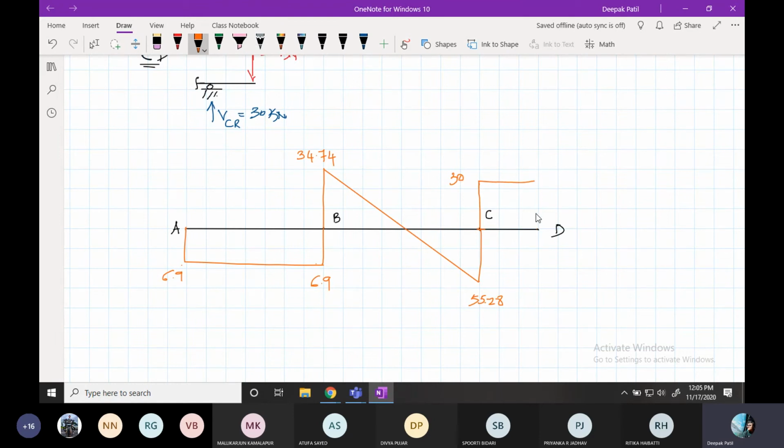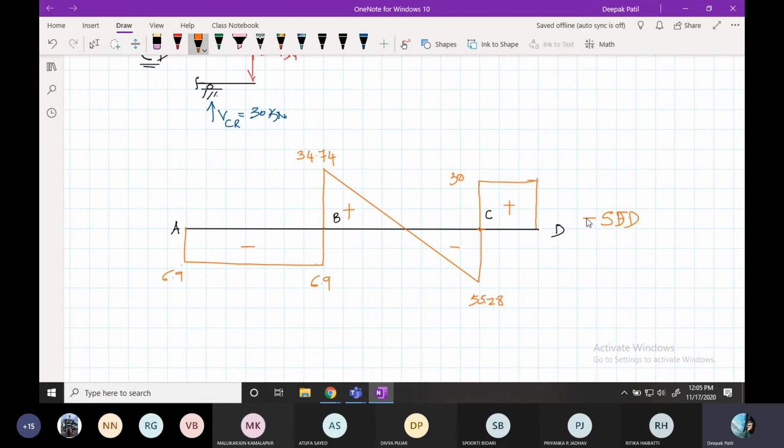And at D, we have a downward load of 30 kilonewtons, so this plus 30 and this minus 30 will end up with 0. Are you clear, students? Is this clear? Yes, sir.